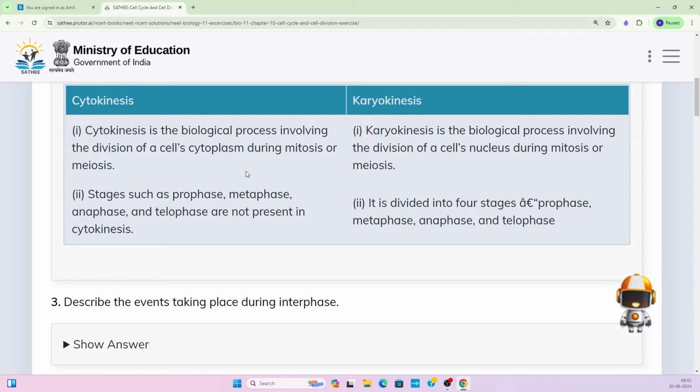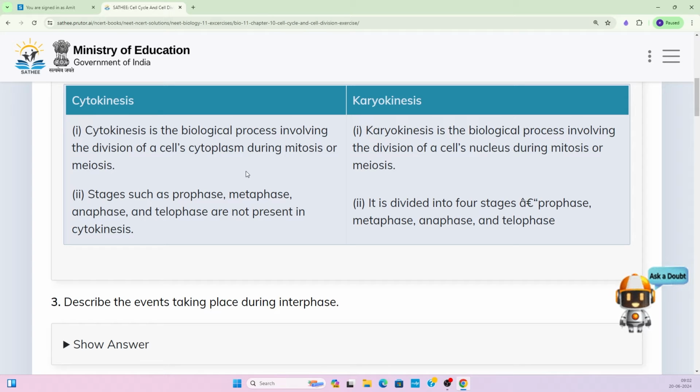The cytoplasm divides equally into two halves, and there is a constriction in the membrane that divides the cell into two cells. Sometimes there is a cell plate formation also, as we have seen in the case of the plant cell. That helps in the division of the cytoplasm and the cell, but these stages are not seen at the time of cytokinesis.